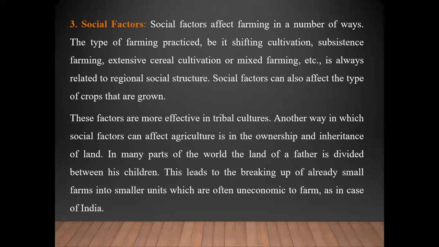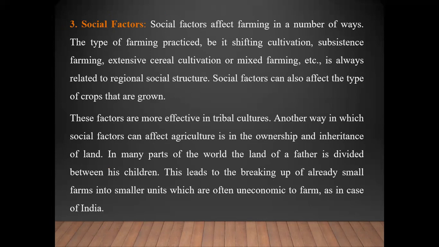Social factors affect farming in a number of ways. The type of farming practiced, be it shifting cultivation, subsistence farming, extensive cereal cultivation, or mixed farming, etc., is always related to regional social structure. Social factors can also affect the type of crops that are grown. These social factors are more effective in tribal culture.